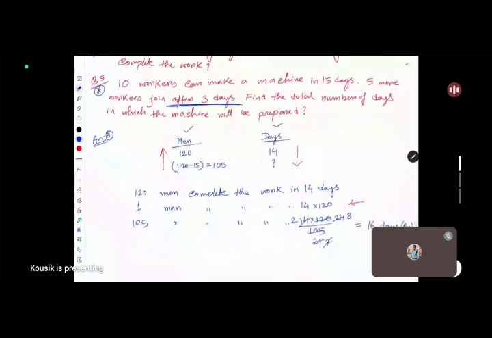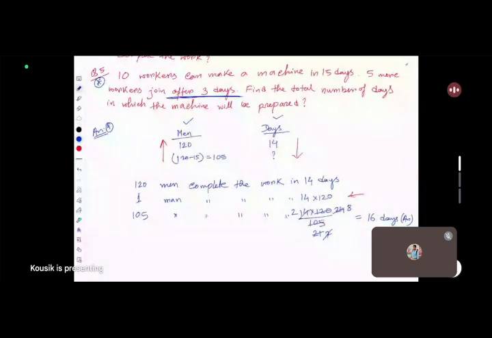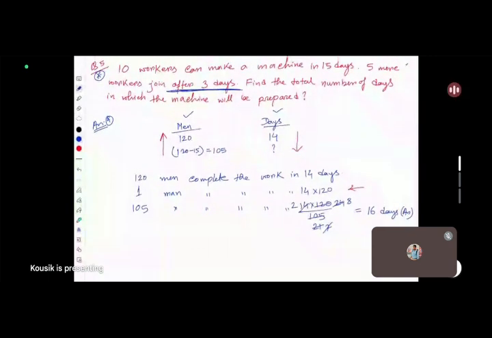In question number 5, see that there are two cases: the work will be started, and after 3 days some changes happen. So we should remember that the unitary method is always done when the others are constant. So we should form the unitary problem, a mathematical structure for the work after 3 days.